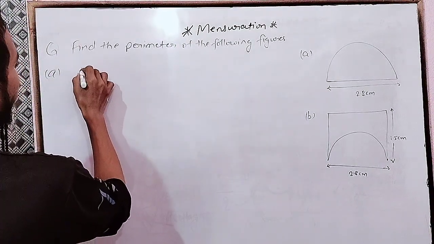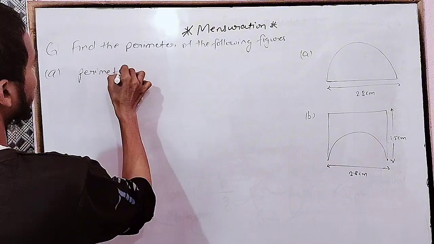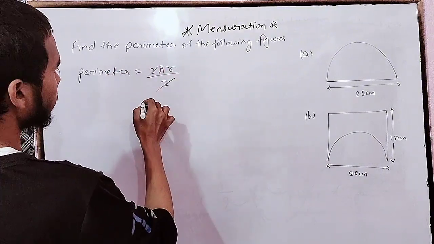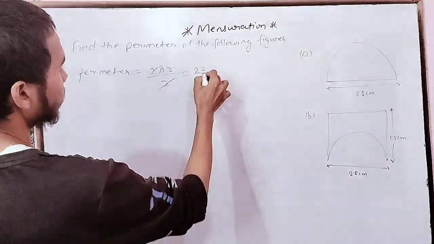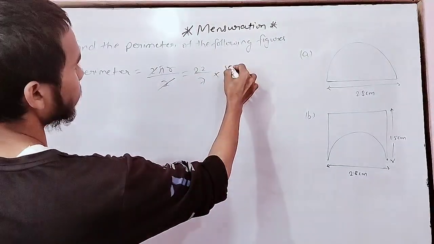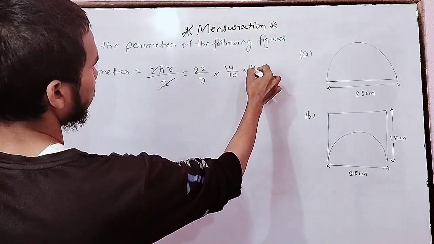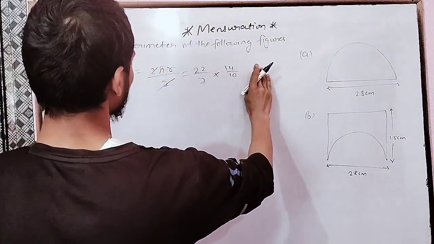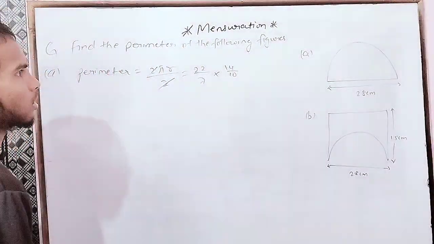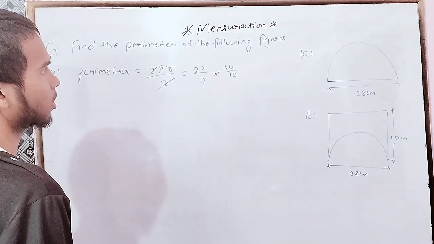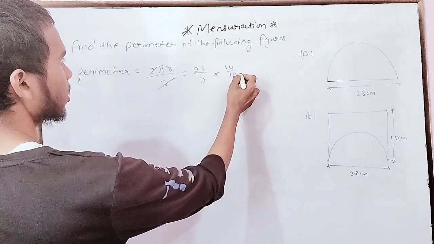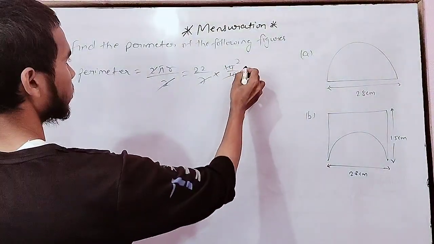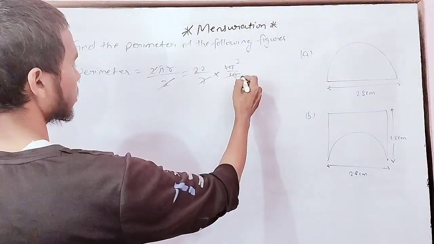So here the perimeter is 2 pi r upon 2. The 2 will get cancelled. We have pi r, which is 22 by 7 multiplied by r, which is 14 by 10. Seven twos are 14. 2 pi r.